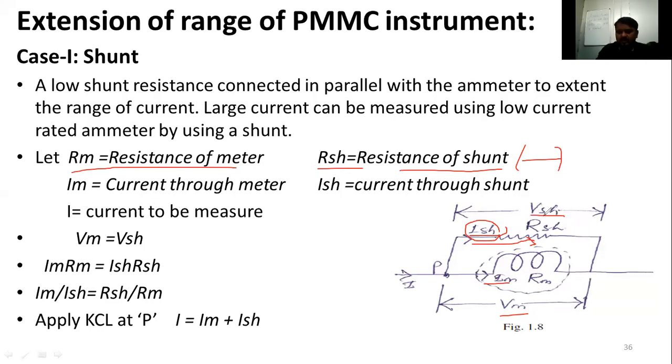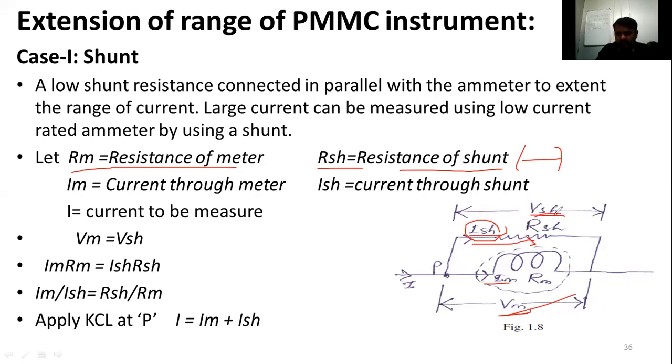I will ask one simple question. In a parallel circuit, will the current become the same or the voltage become the same in all the branches? In a parallel circuit, one thing should be constant. The voltage will be the same in each branch here now. So according to the parallel circuit property, VM equal to VSH.